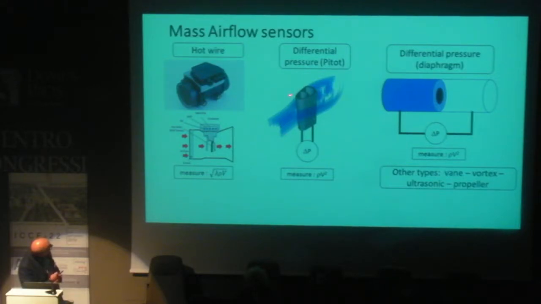And what Judd told us about was a pitot-type anemometer, and also a hole type, which was just a diaphragm sitting in the middle of the pipe. What is interesting is that this hot wire sensor measures indeed physically, at least on the theoretical principle, this product: lambda, the air conductivity, rho, the air density, v, this velocity.